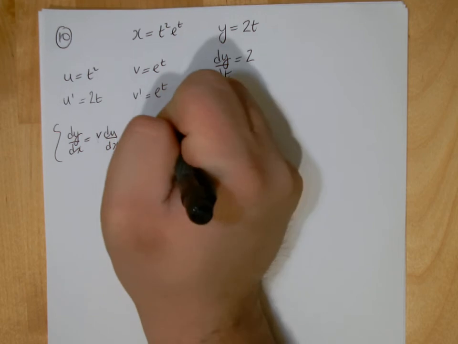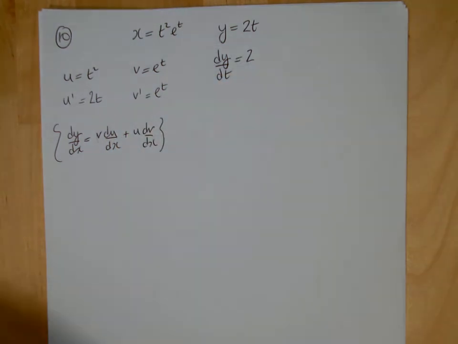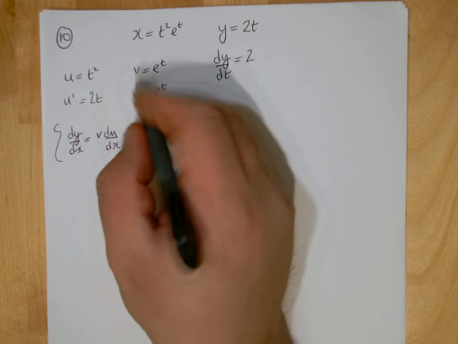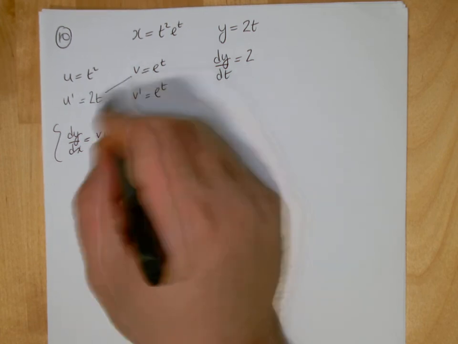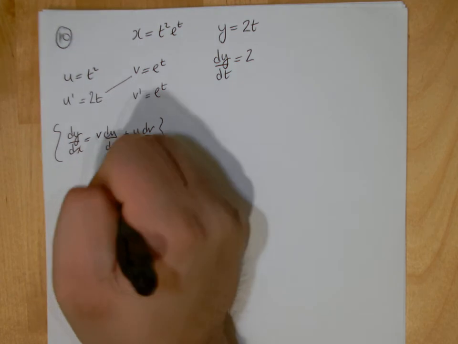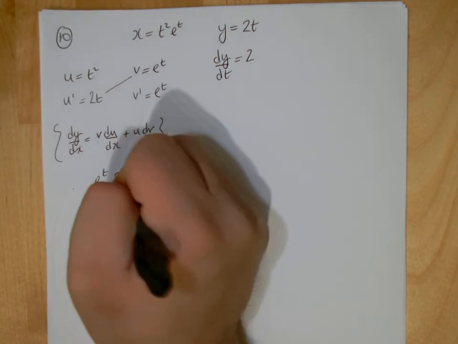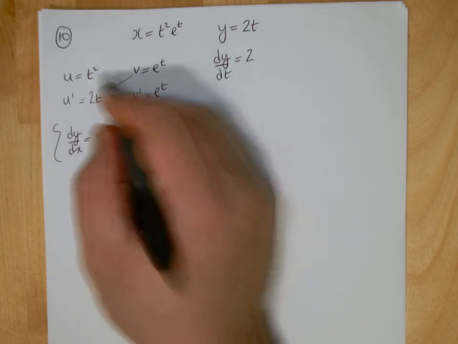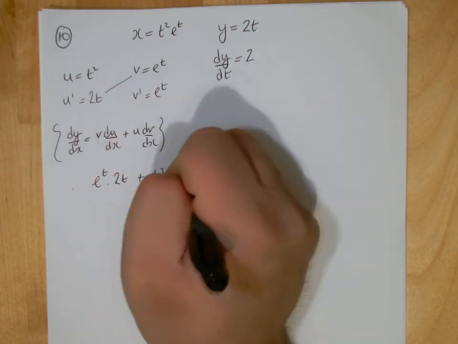That's the rule we remember in terms of x. The same thing in terms of t, so v du dt, so e to the t times 2t, plus u dv dt, so t squared times e to the t.